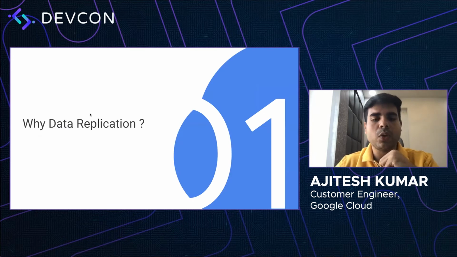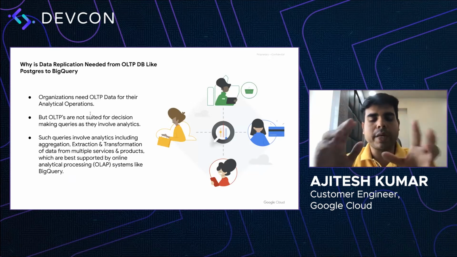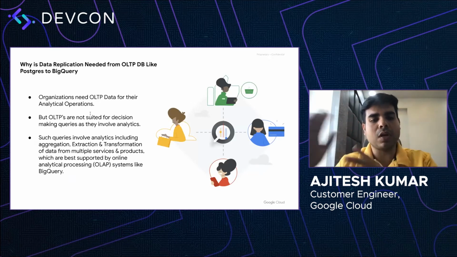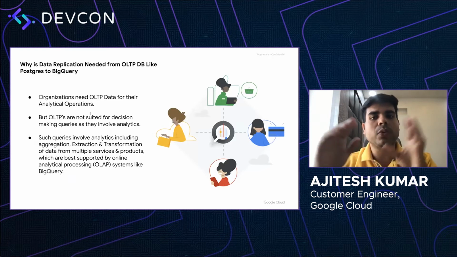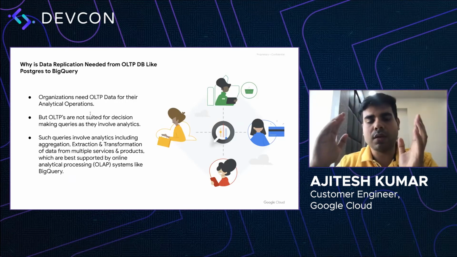Let's talk about why we need data replication. Generally, the operational data needs of an organization are addressed by an OLTP database, which is your online transactional processing system. These OLTP systems are very important in your day-to-day business.